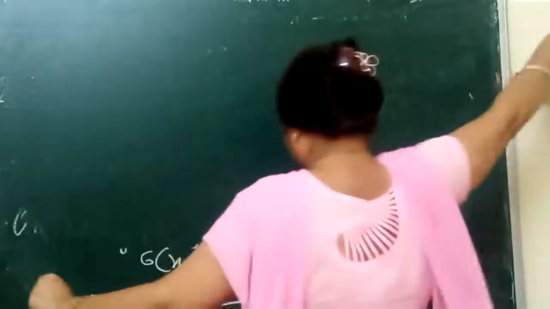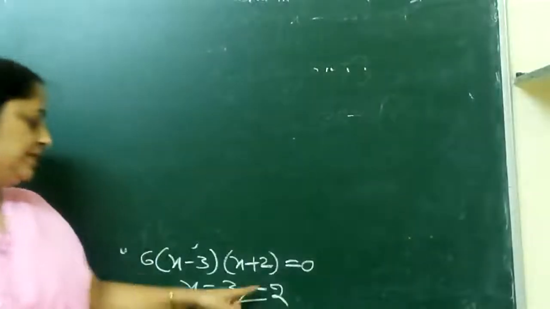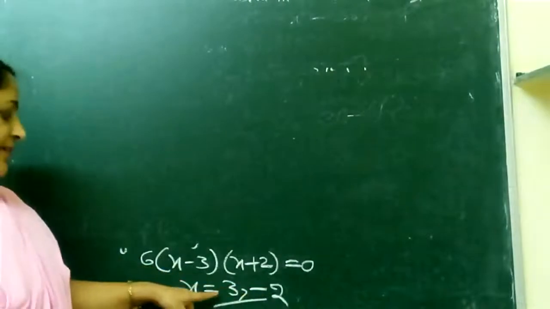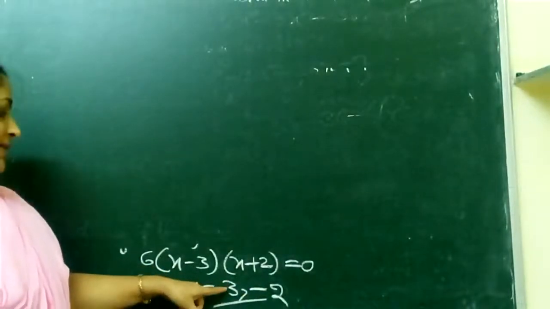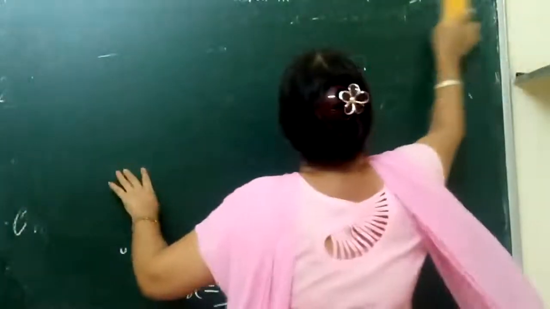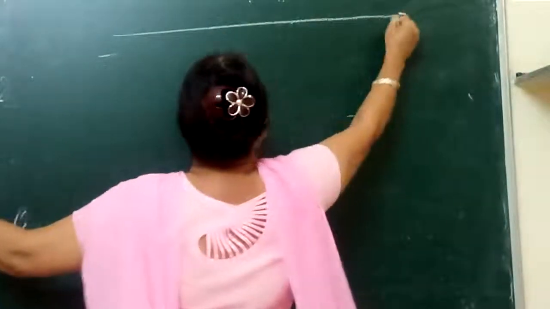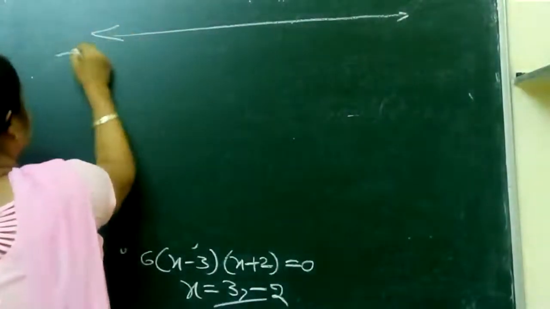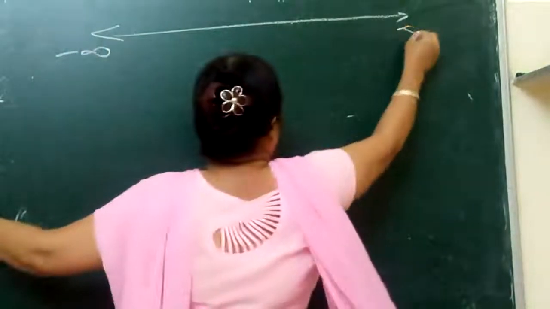Yes. Now here x equal to 3 comma minus 2, so it will divide the line into 3 parts, like this one, minus infinity to infinity.